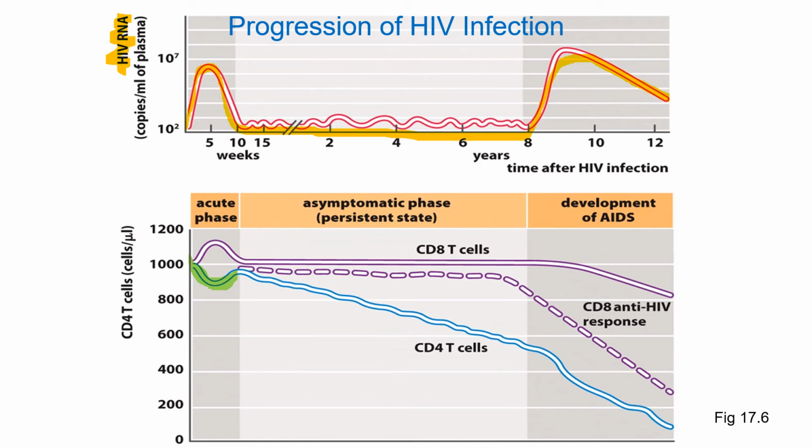You can see we're also following these CD8 T cells. These are another type of T cell. And that initial immune response, that's where you get the fever and all that, and then they kind of plateau. So if you take a look at this chart, these CD4 cells are slowly being killed off.